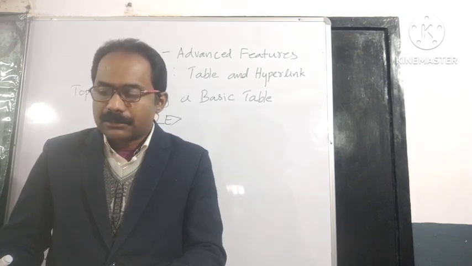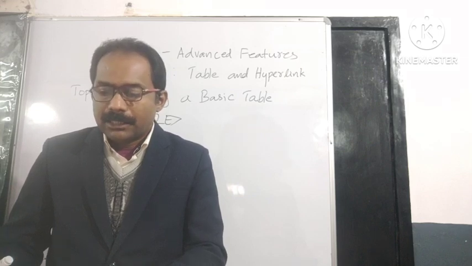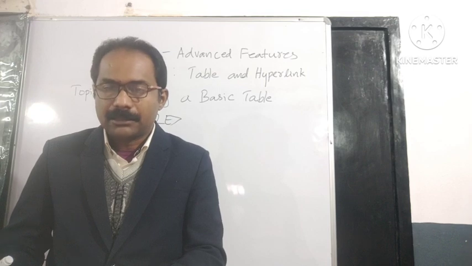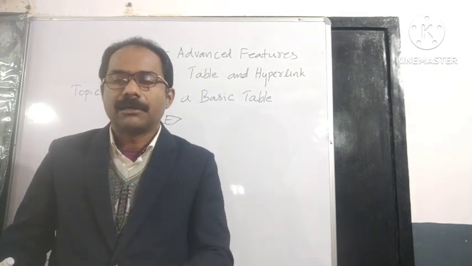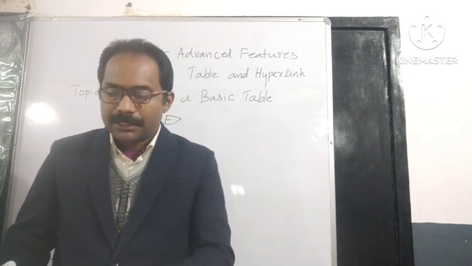The first row starts with the beginning row tag, that is tr. It builds the row by creating each cell with the beginning cell tag, the td tag. In a row, for each cell we have to create, we have to use the td.